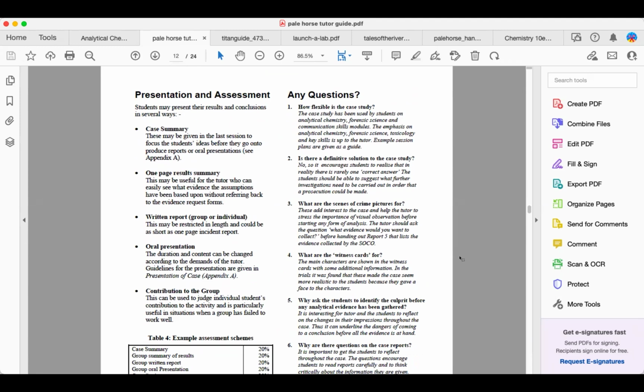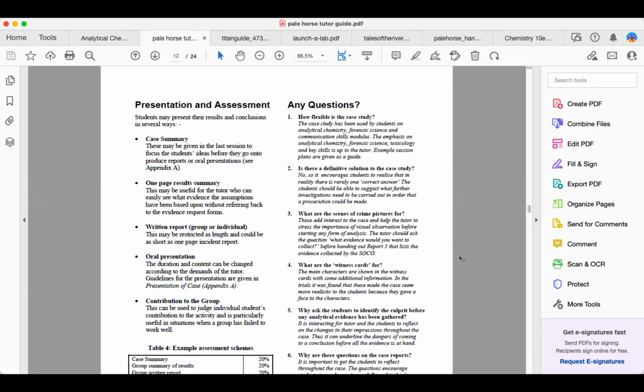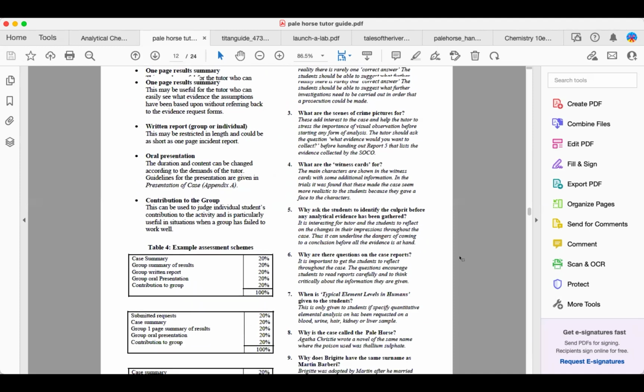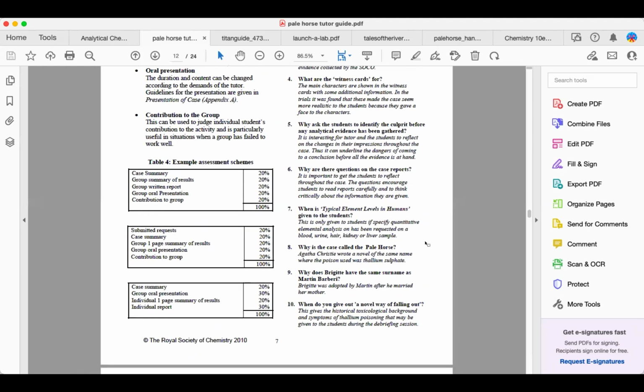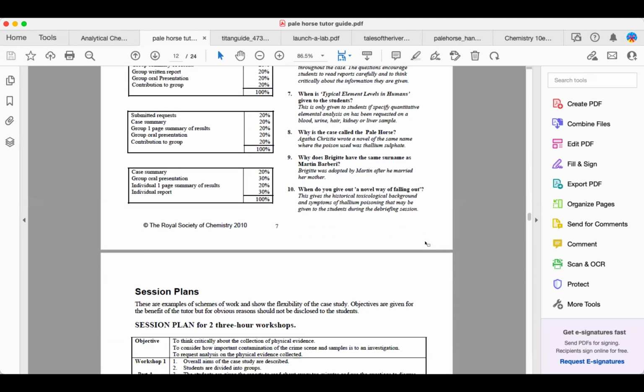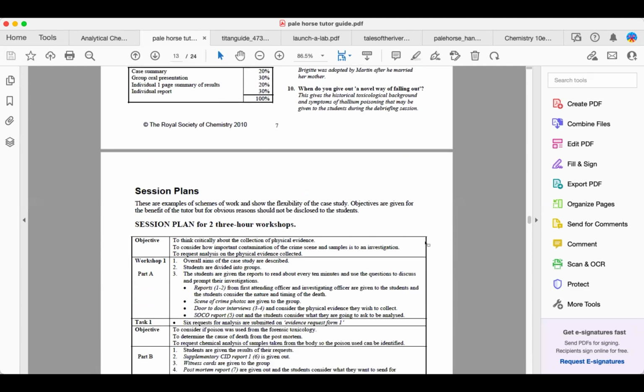How flexible is the case study? For the assessment scheme, this is not for you, don't worry. I will try to give you the rubric next week.